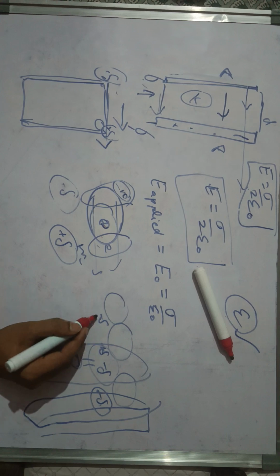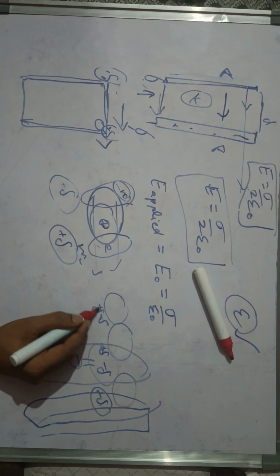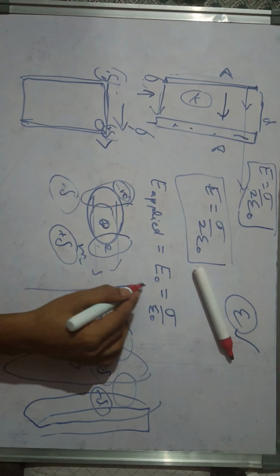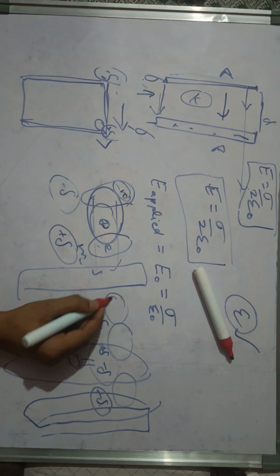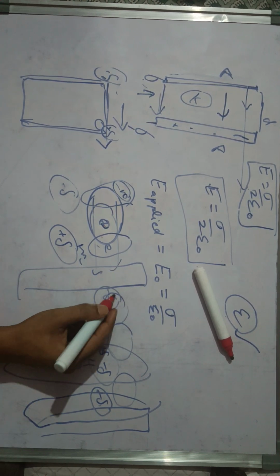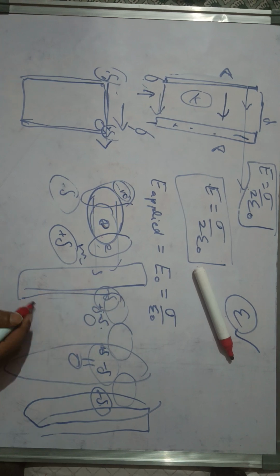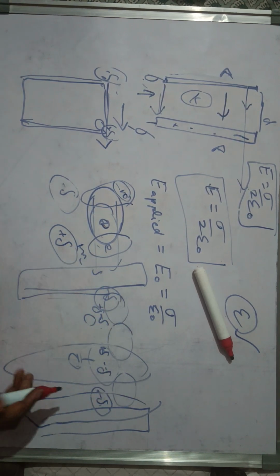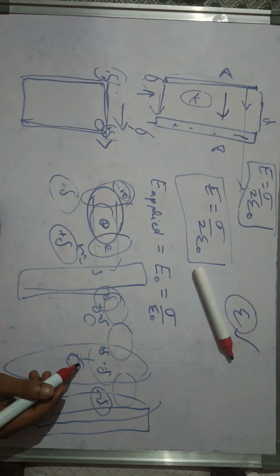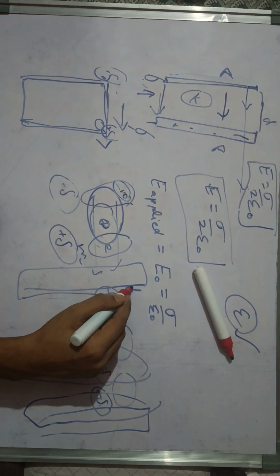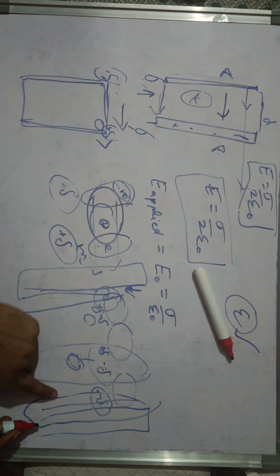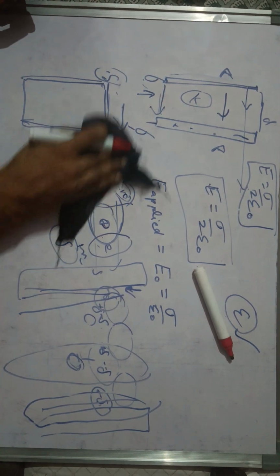The delta positive and delta negative will also give zero until we reach this end of the plate, where this is delta negative charge and it does not get cancelled. All the charges inside will get cancelled and nullified, but the charge at the end sides will not get nullified, and we have to consider that charge.